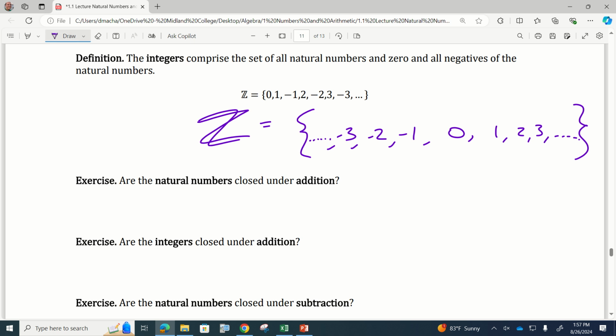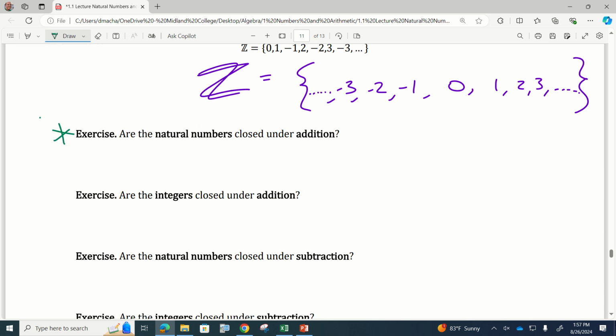Some of this I've already asked you, but I'm going to ask you again just to refresh your memory. Are the natural numbers closed under addition? Yes. Are the integers closed under addition now? In other words, if you add 2 integers, are you going to get an integer back?